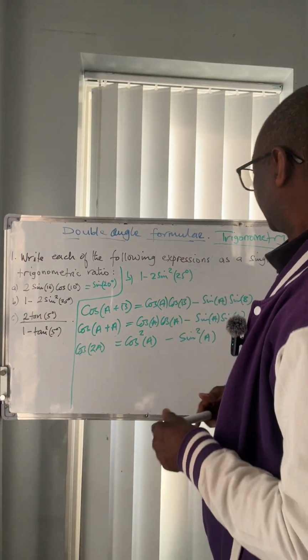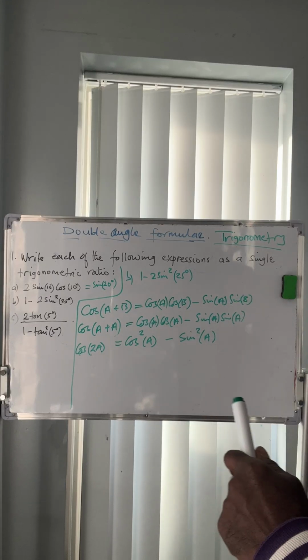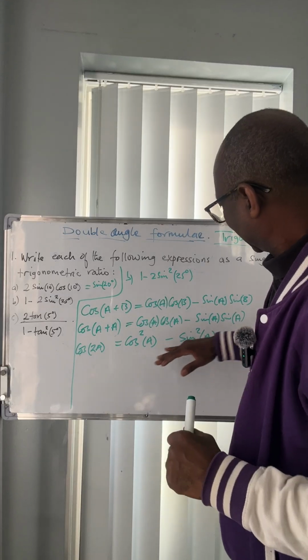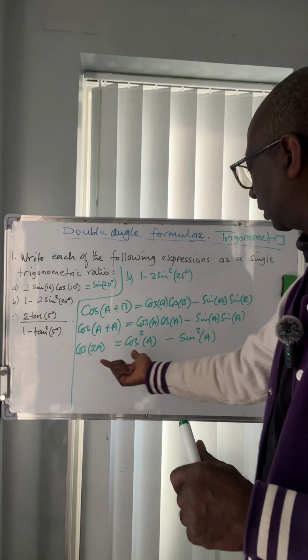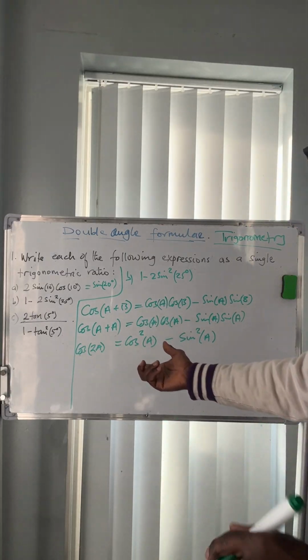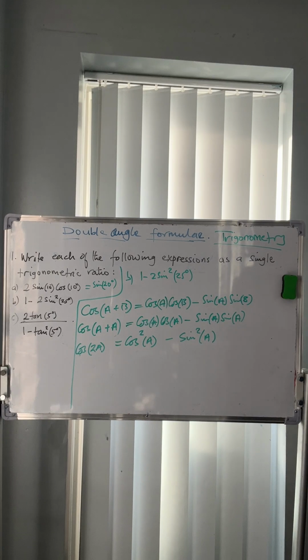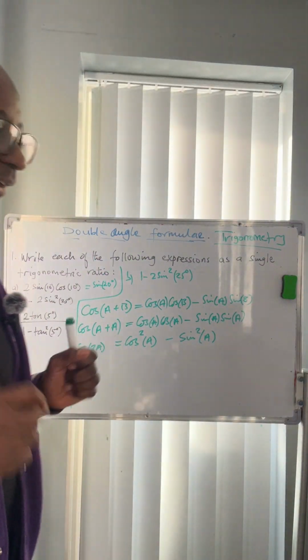So now we have this here. But again, we want to have sine square A here. We still have cos squared A. We now want to do something very important.